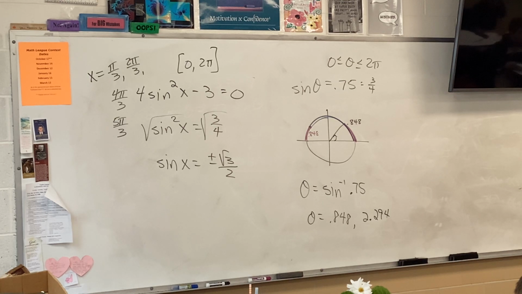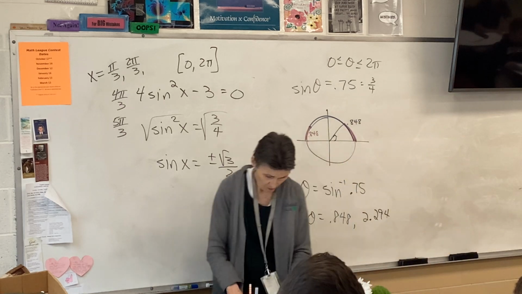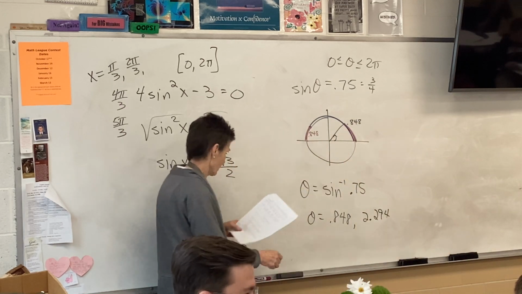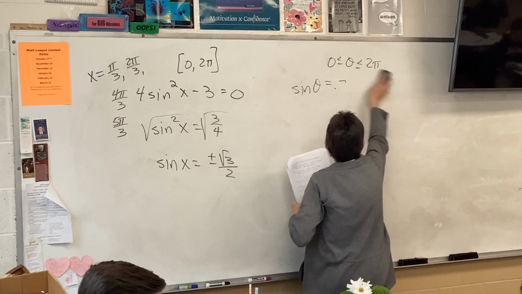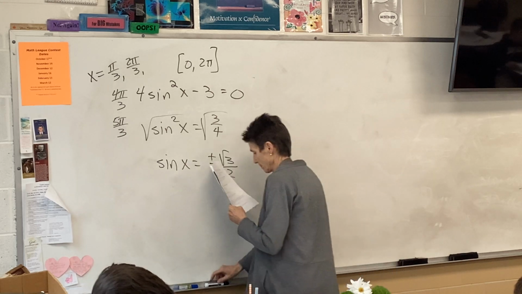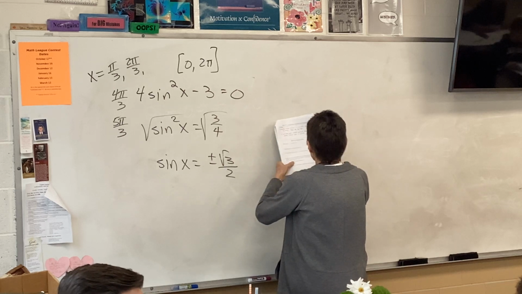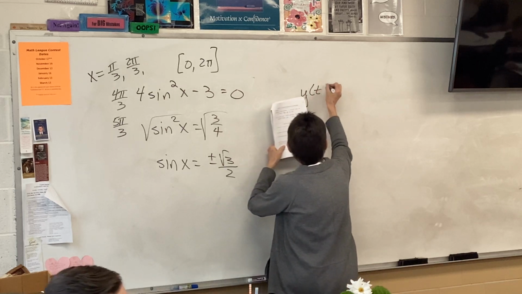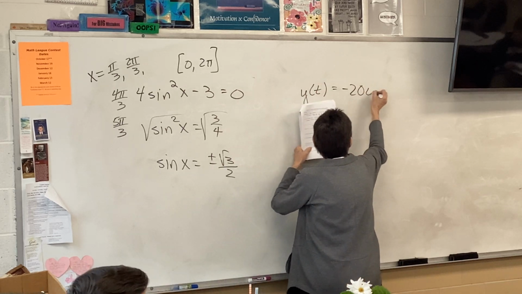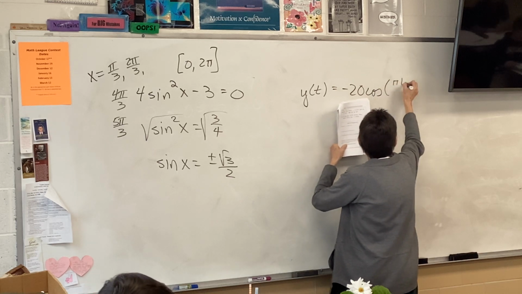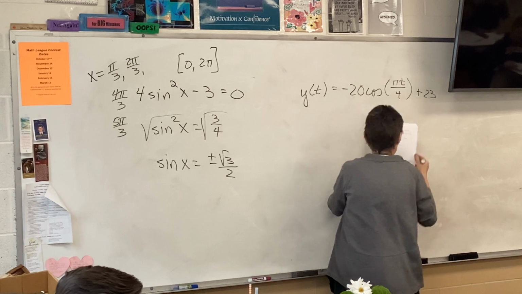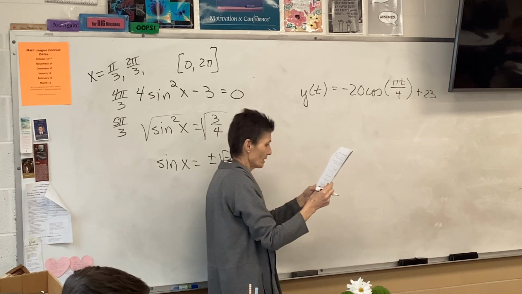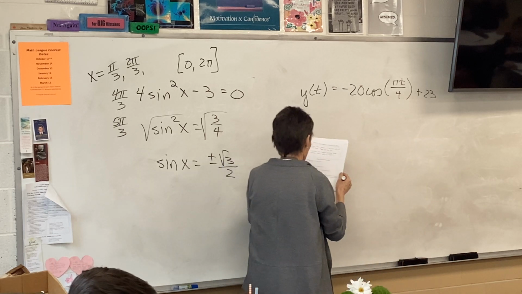Okay, my friends. What kind of progress are you making with the Ferris wheel problem? What's going on here? Okay, what is this doing? Distance above the ground.